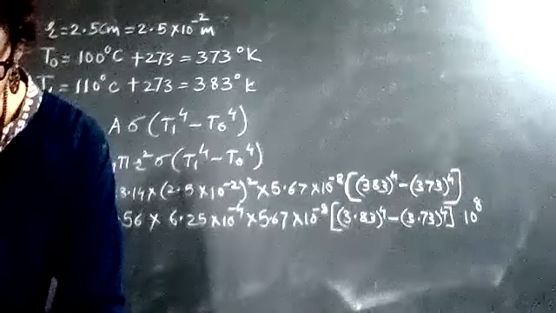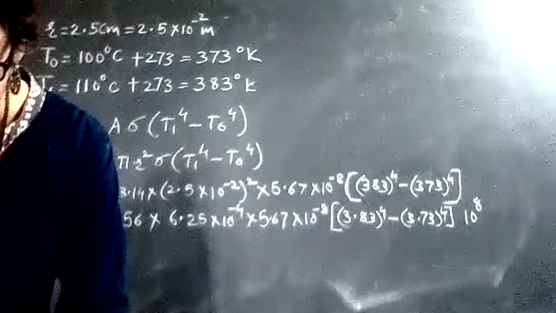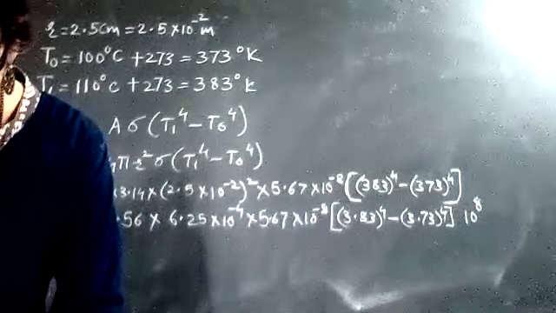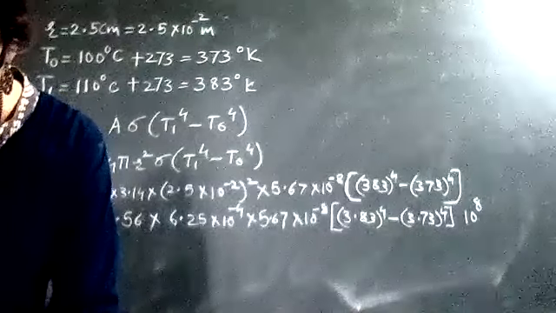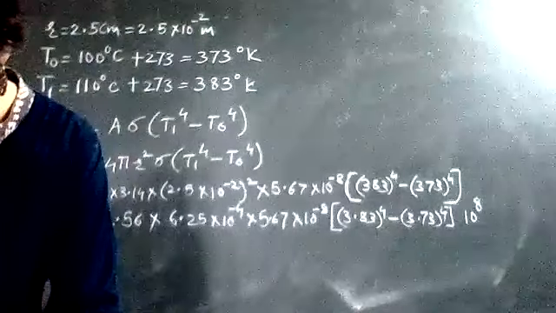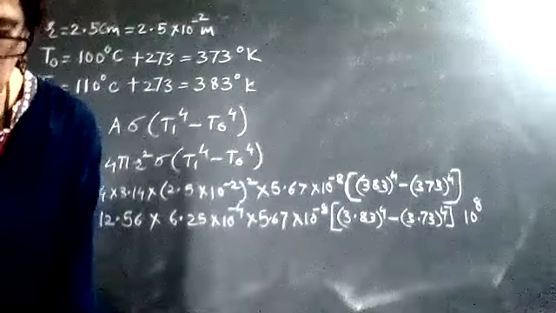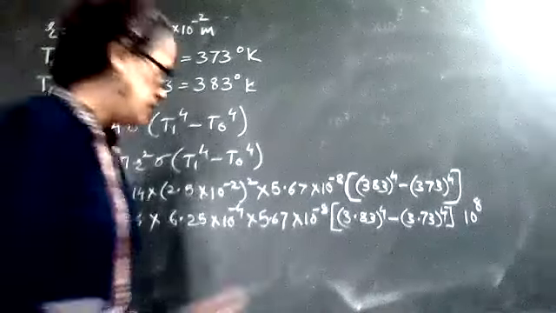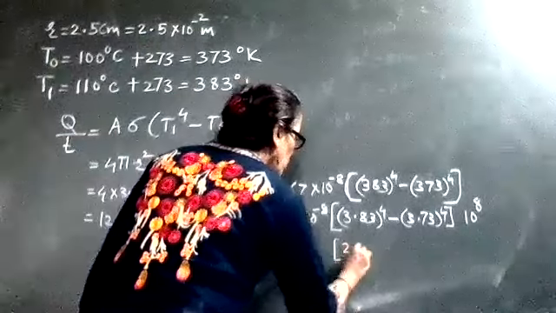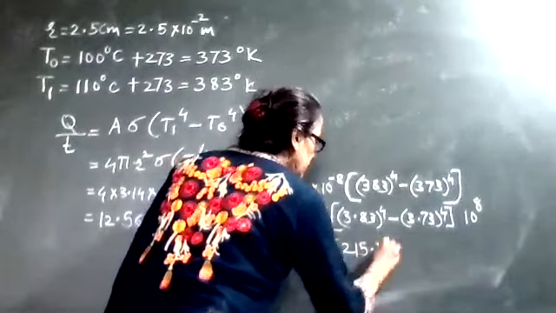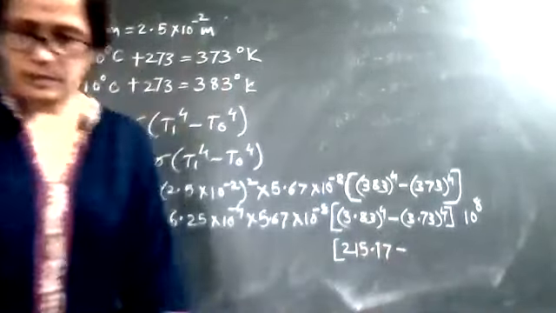So now I will do it. 3.83 multiplied by 3.83 multiplied by 3.83. So I am getting 215.70 here. 215.70 minus.